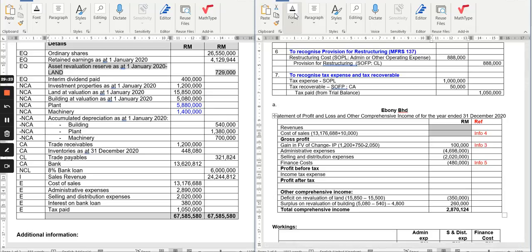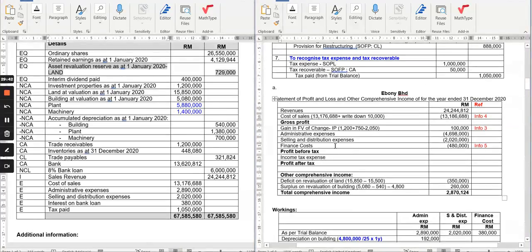So the adjustment for revenue, you need to go and do it if there are adjustments. For the cost of sale, yes, we adjust with the write down of inventories, right? So it will increase the cost of sale further.